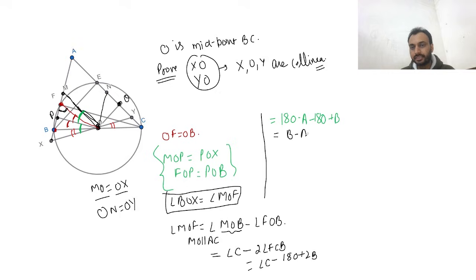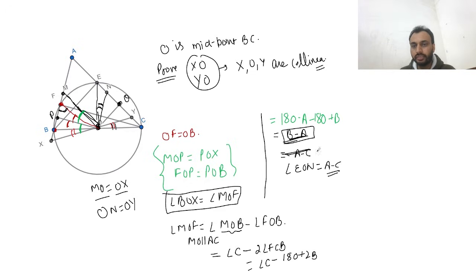It is B minus A. With the same thing, we can also find out that this angle is equal to this one, which is nothing but A minus C. So this angle FON, oh sorry, EON is A minus C.